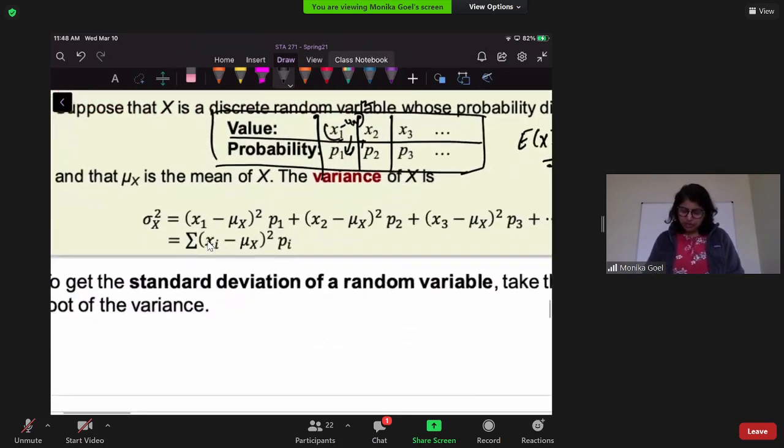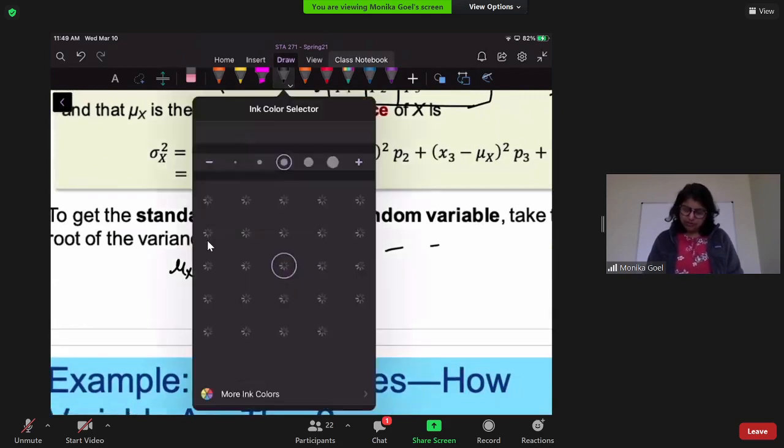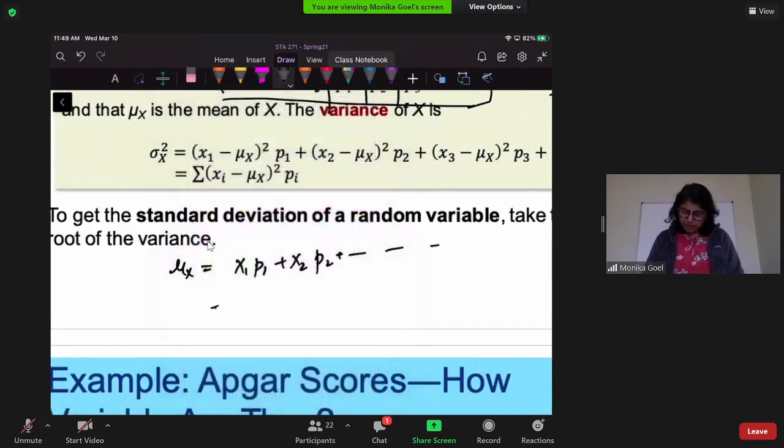In the mean, what we just did, we multiply this and then add, and that was my mean or expected value. In variance, we do one more step. What we do, x1 and then subtract this and then do the square, so this part is changed to this part.